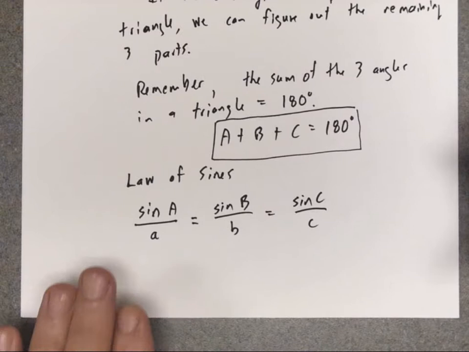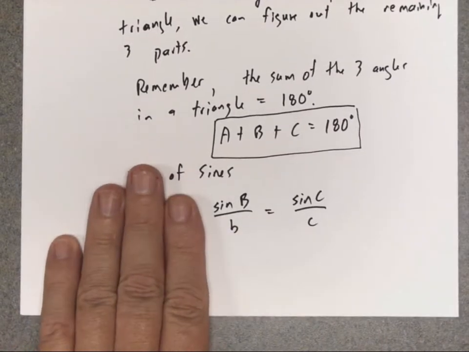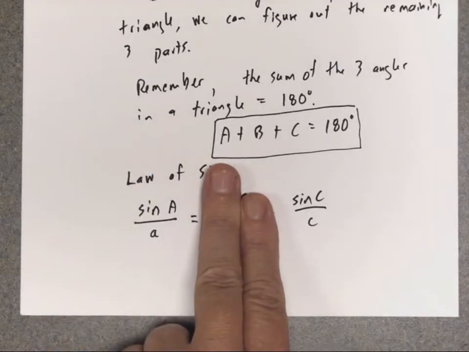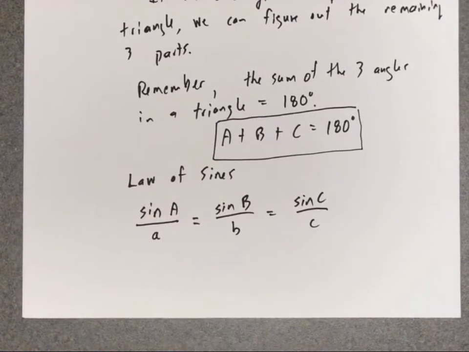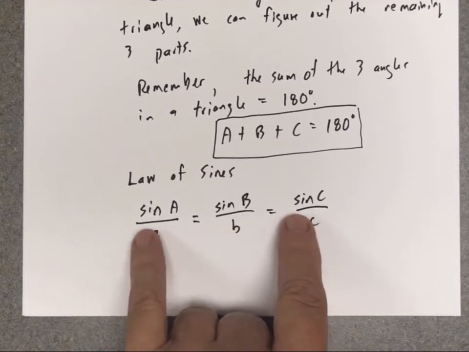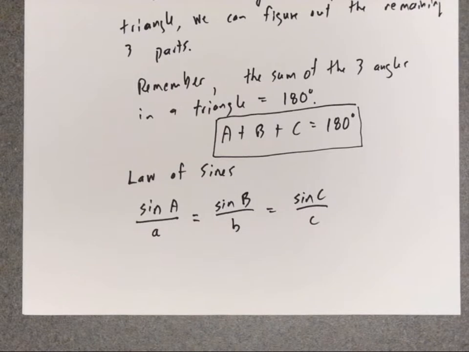The next problem, based upon the information we're given, we want to use sine B over b equals sine C over c. Maybe the next problem, we're given information about A and C, and we want to use sine A over a equals sine C over c. So there are three parts here, but anytime you use the law of sines, you have to choose two of these expressions to set equal to each other.